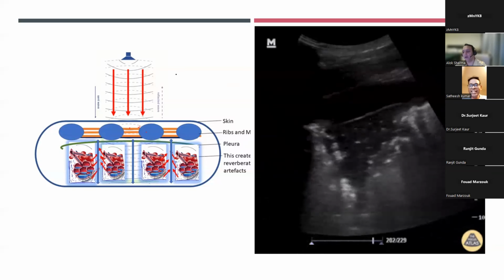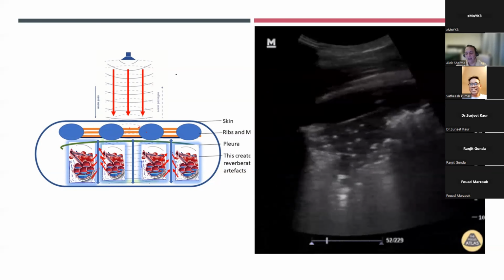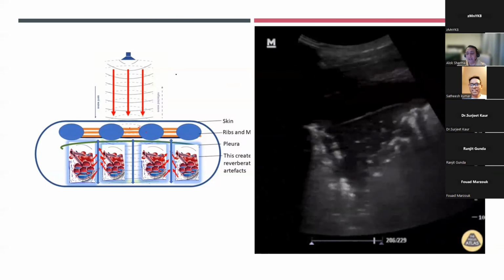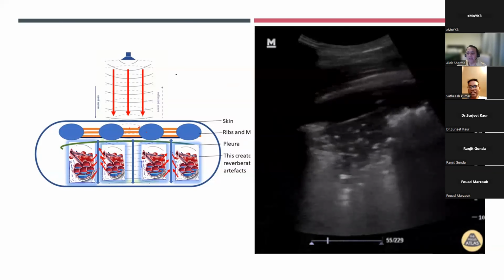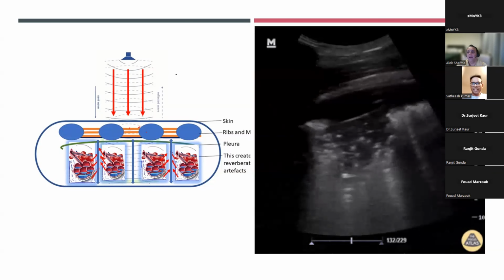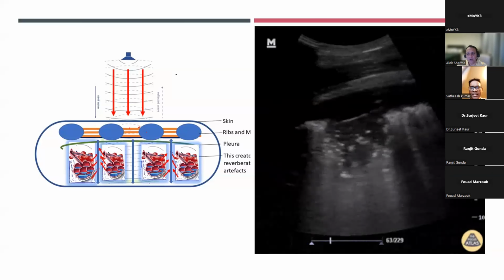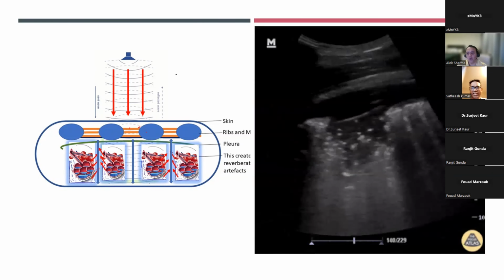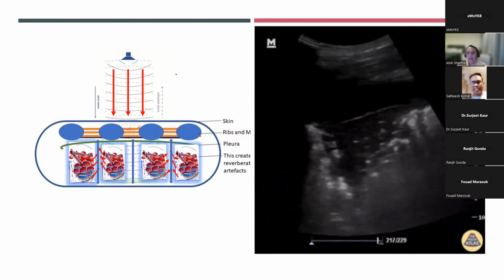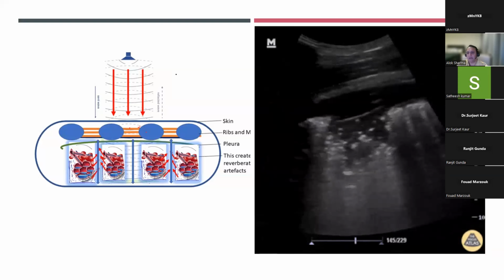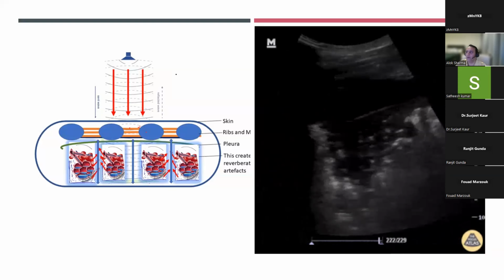Again, you're coming to the concept of ring down artifact. There are at least three theories behind the production of B lines. Some people say that ring down artifact and comet tails have a completely different way of being produced, and it's not related to the tetrahedron. So we're not covering that today. We will cover that in the next class, please.